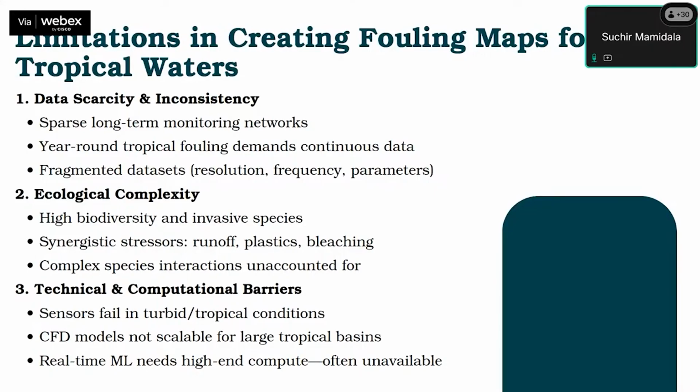Interspecies dynamics vary with factors like wave exposure, which are rarely tracked. Lastly, the technological barriers still remain. Sensors struggle in turbid waters, and scaling them for CFD or ML models to basin levels is often computationally unfeasible. These gaps highlight the need for tropical specific digital infrastructure and approaches.